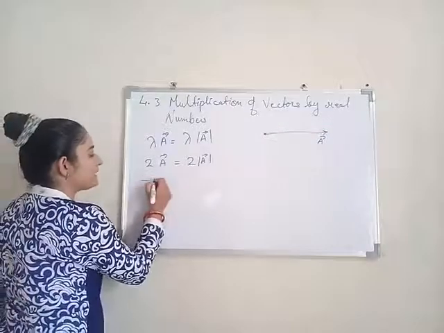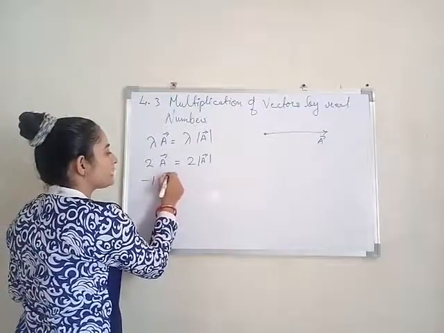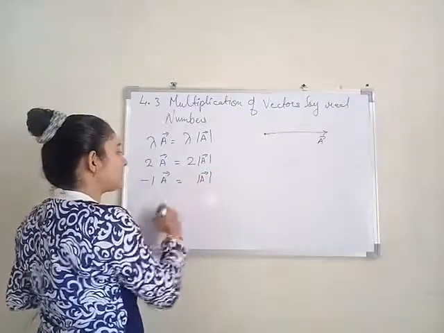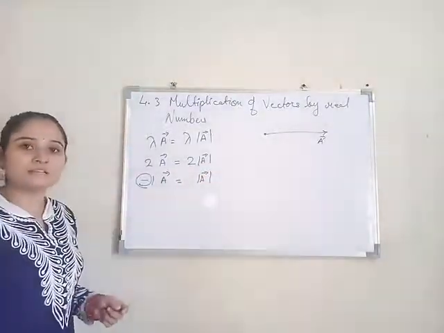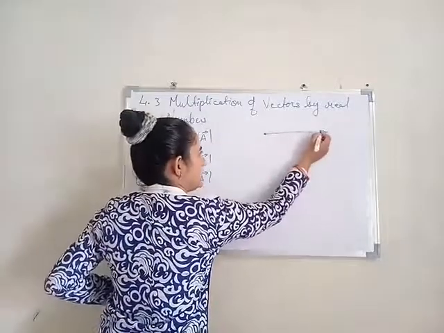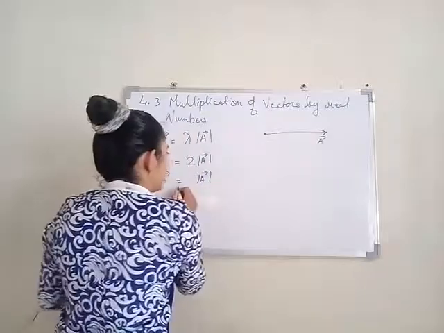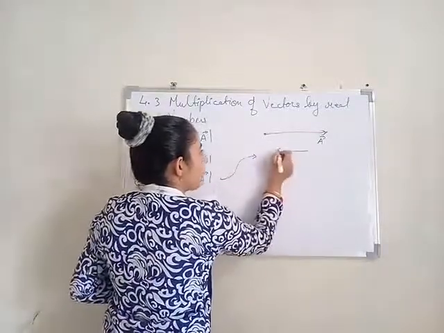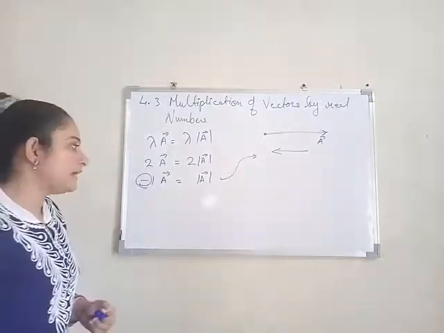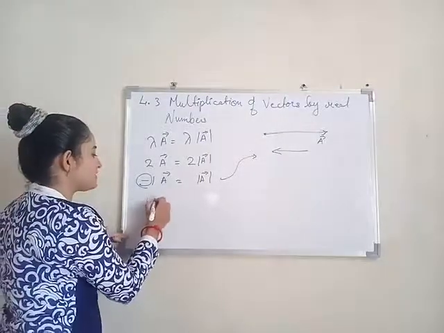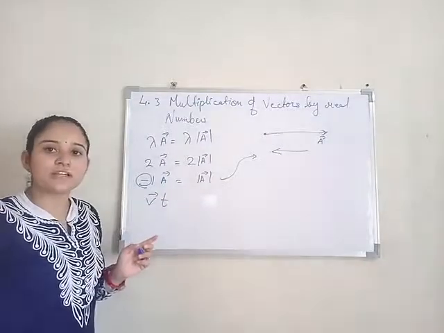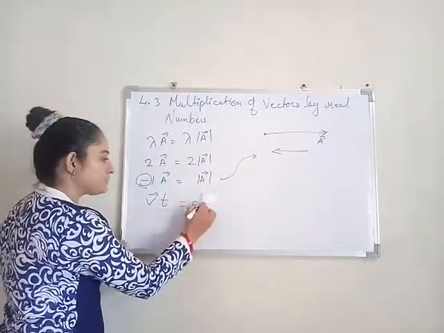Same way, if we multiply -1 with vector A, then we get magnitude of A, but as here is minus, in the opposite direction. Our vector A is in this direction and this answer we will get in the opposite direction of vector A. And if we multiply the constant velocity vector with a specific time t, then we get displacement.